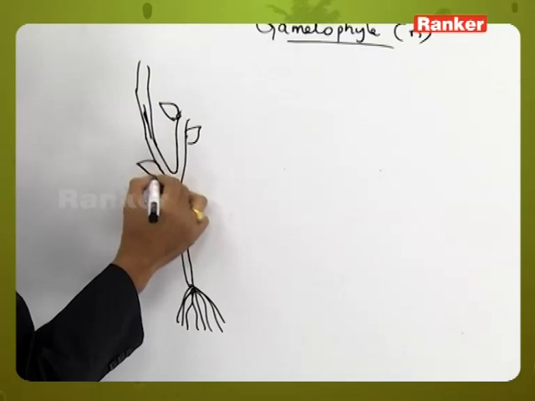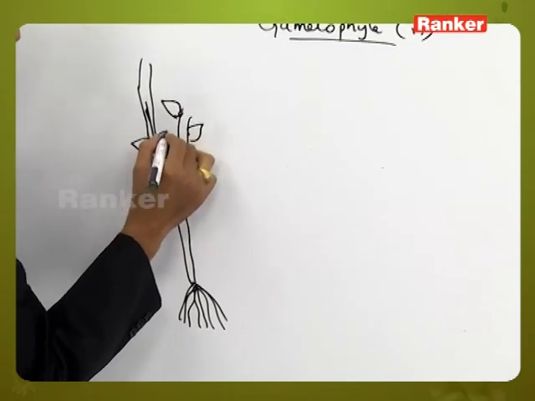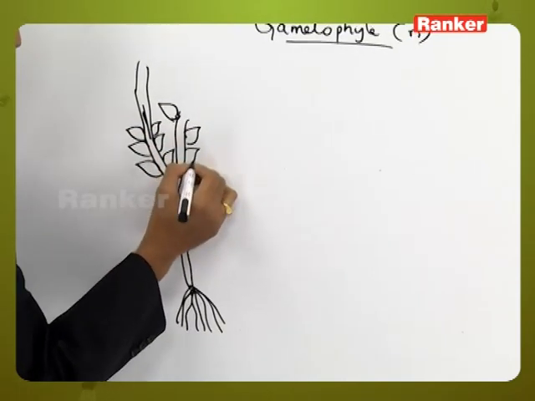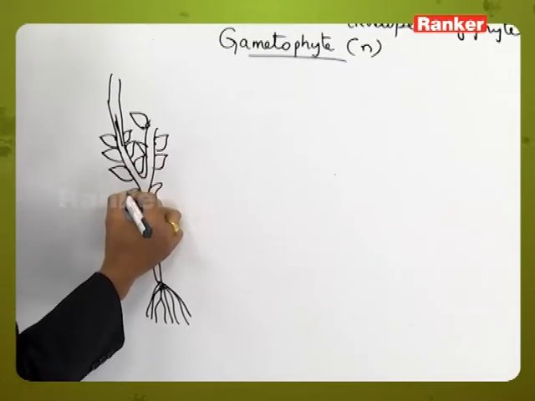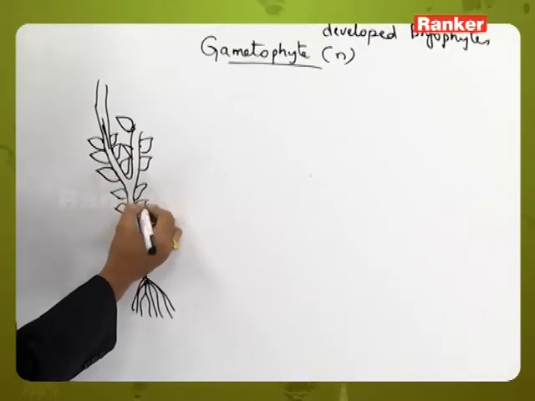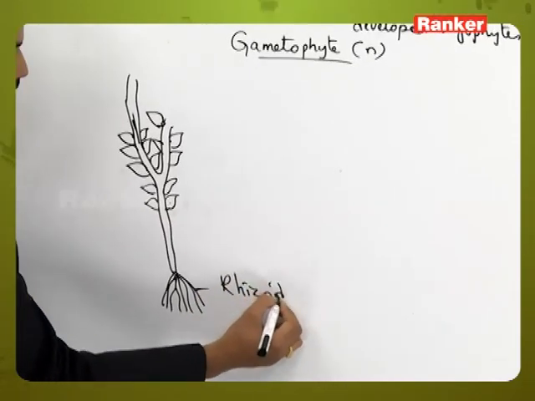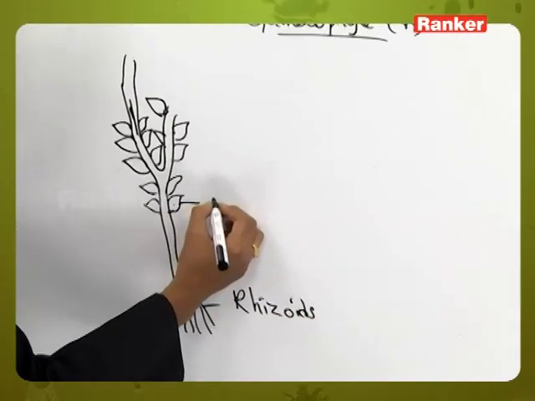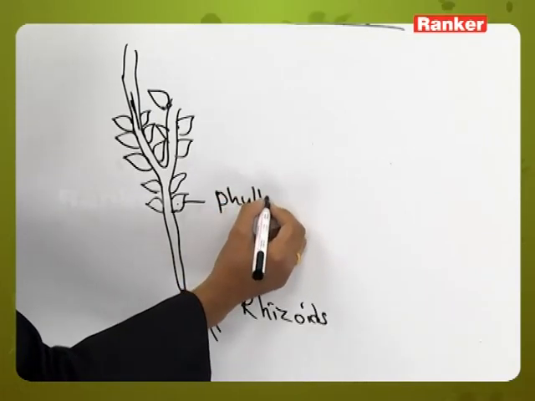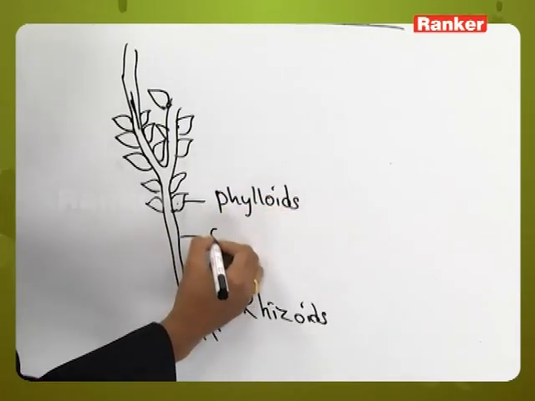These leaf-like structures are called phylloids. Rhizoids, phylloids, cauloid.